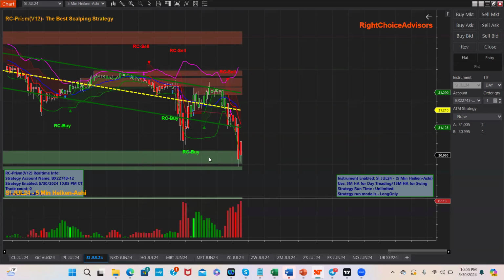The green blocks are buy blocks, where big companies want to buy. The red blocks are where big companies want to sell. Because it came all the way down, now it may start moving up again. So whenever it is at the bottom, you enable long only. Whenever it is at the top, you enable short only. That's it.